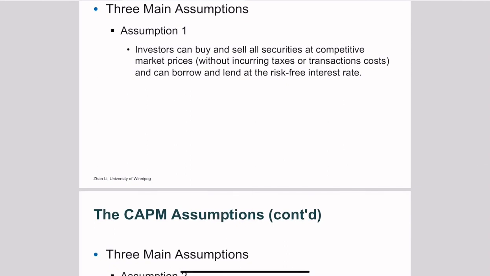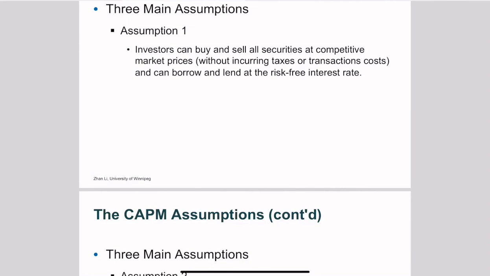The first assumption is investors could buy and sell all securities at competitive market prices, and there are no taxes or transaction costs, and they could borrow and lend at the risk-free rate.